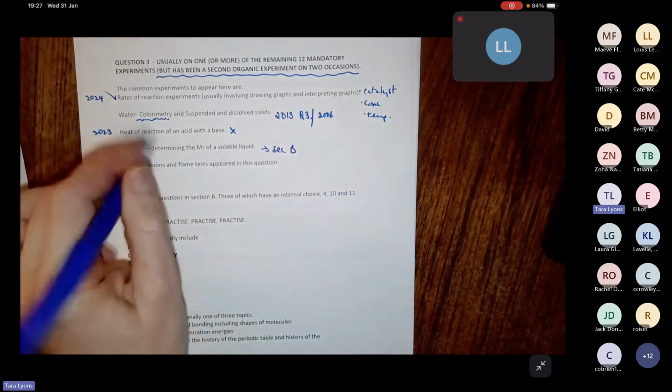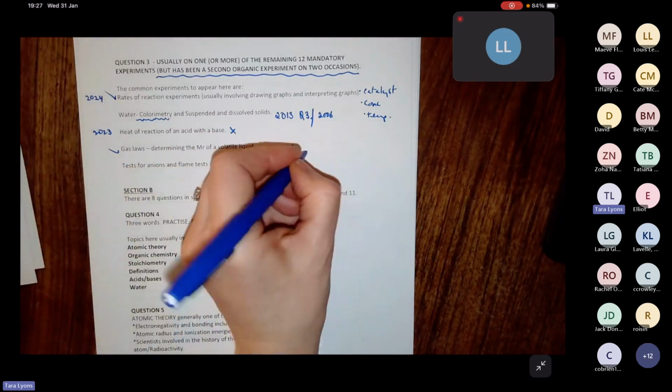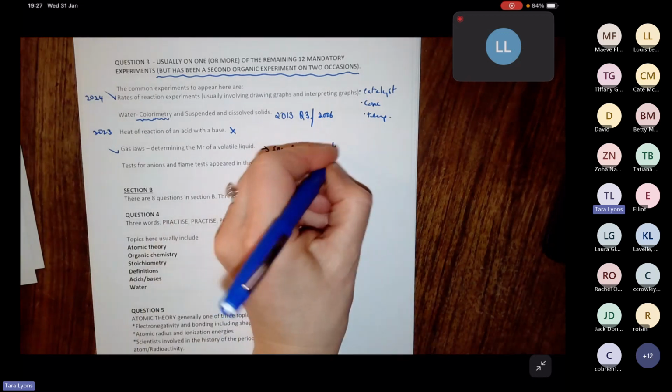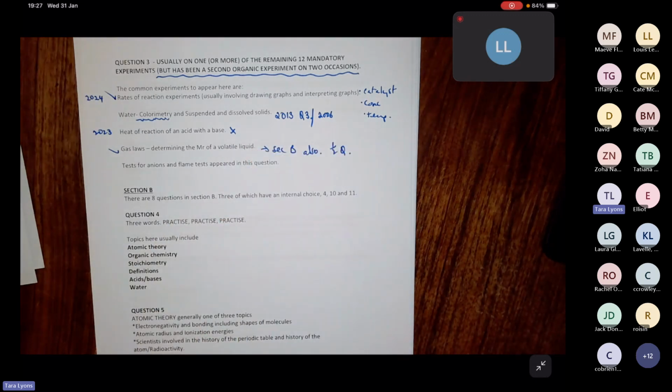So if you're preparing it for question 3, you're preparing it also for a half a question in section B. So I think it's worthwhile every year having a look at that one. And as I said, it hasn't been question 3 in 2023, so it would be one that I would consider.